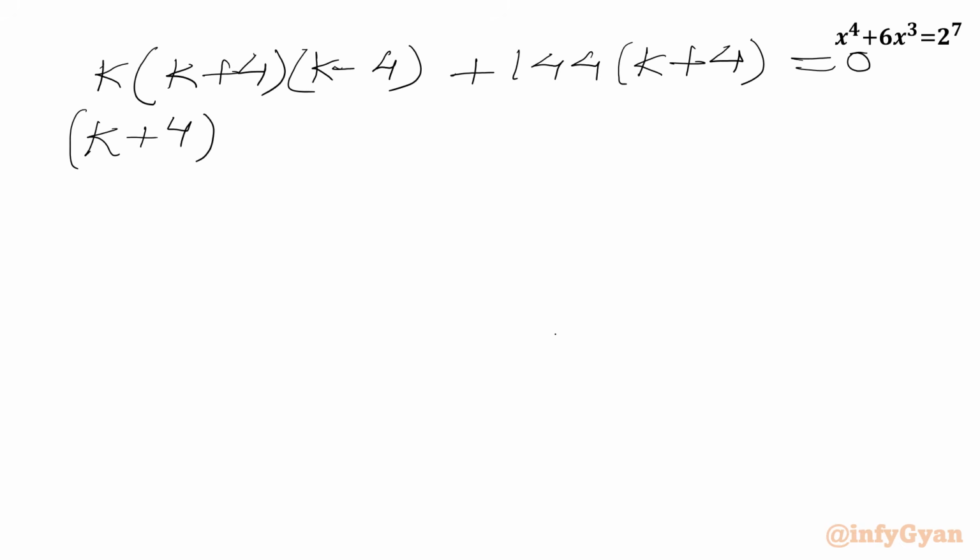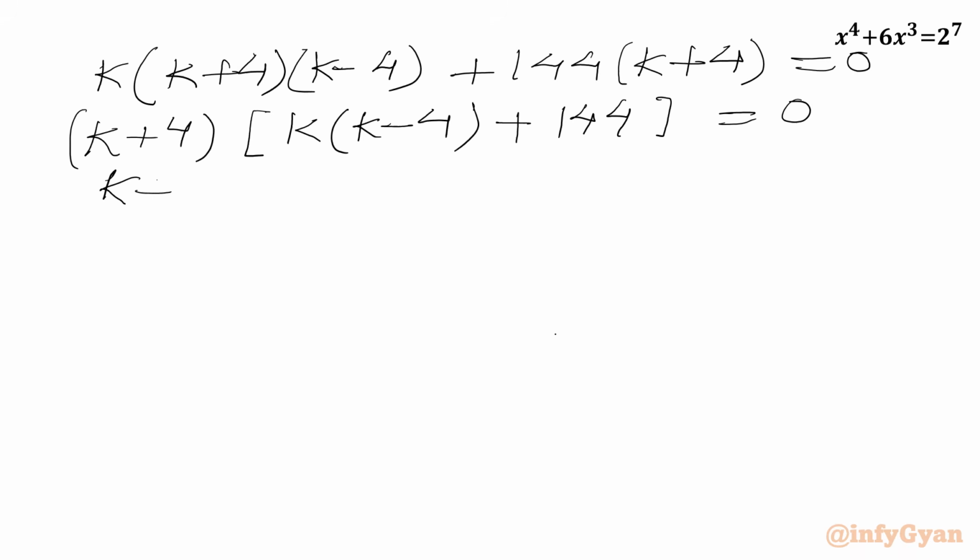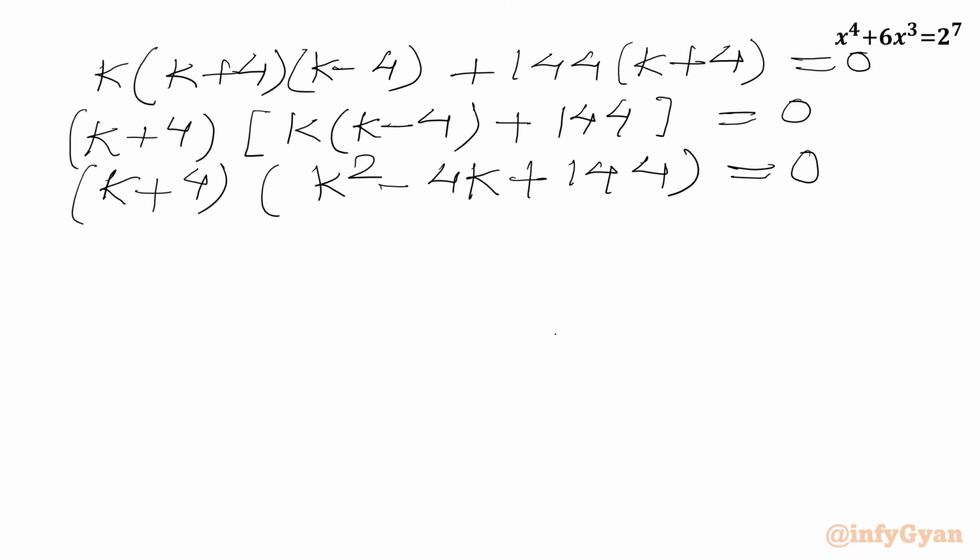So in other bracket we will write k times k minus 4 plus 144 equal to 0, or we will write k plus 4 times k square minus 4k plus 144 equal to 0.